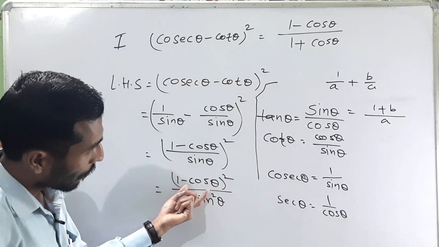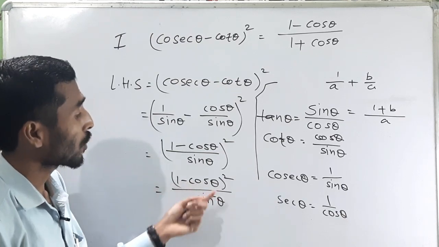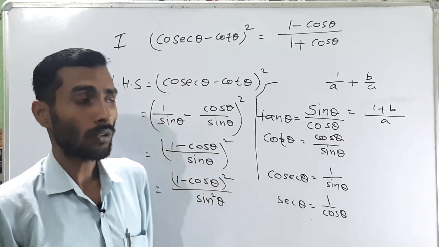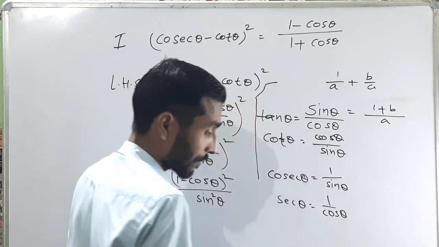Basically we could also take the square of 1 minus cos theta here, but there is no need to do that. Why am I saying that? Look here.